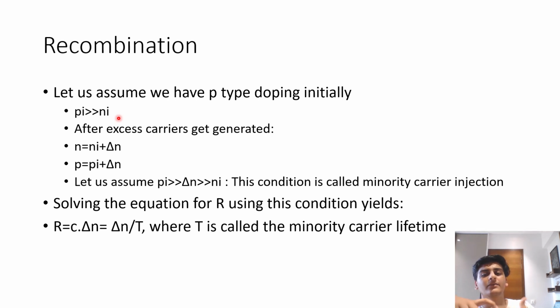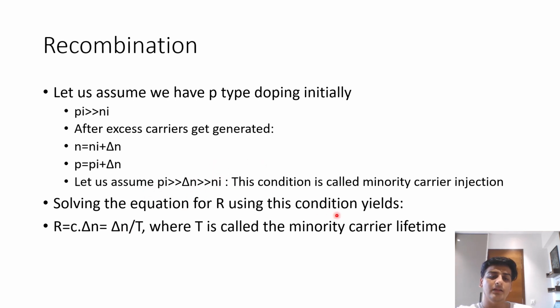So on net, more minority carriers are getting injected. This is why this phenomenon is called minority carrier injection, and T is called the minority carrier lifetime. Again, these are just names. It's not that important. What's important is to see that this rate of recombination is proportional to the number of electron hole pairs you generate under this approximation.